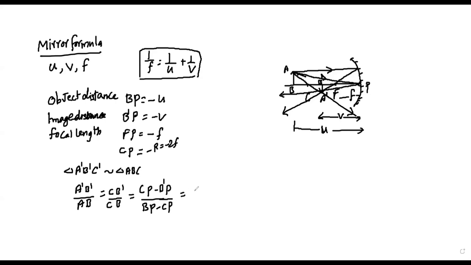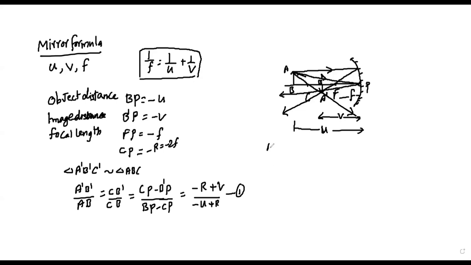So CP is minus R, and B dash P is minus V. Therefore, minus R plus V by minus U plus R. So this is equation number 1.